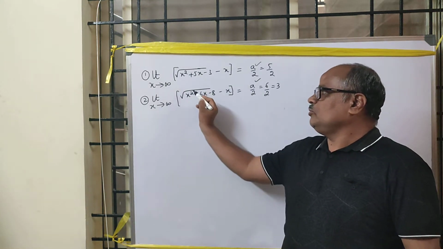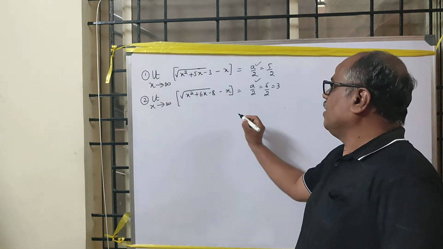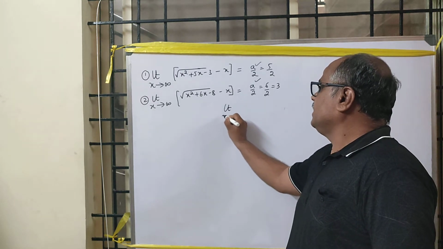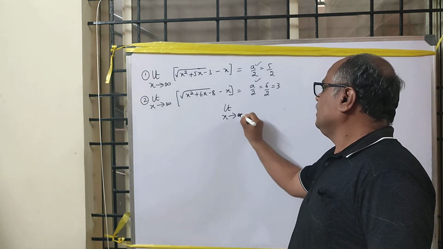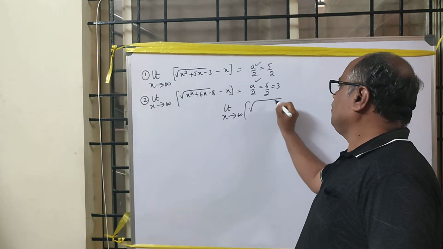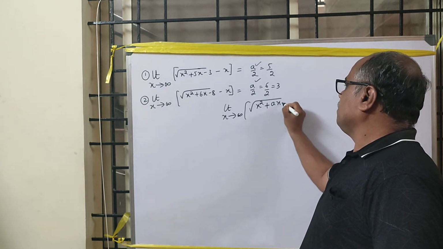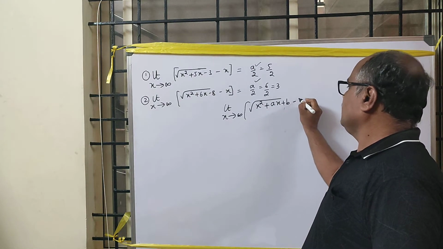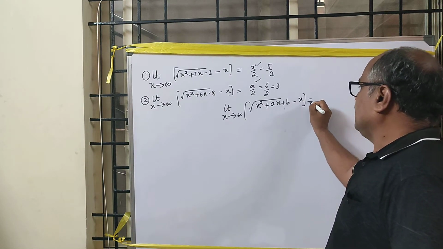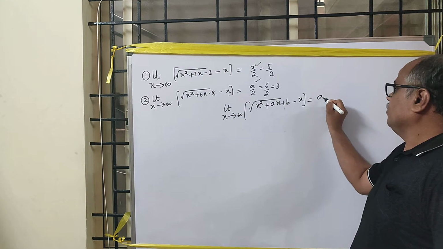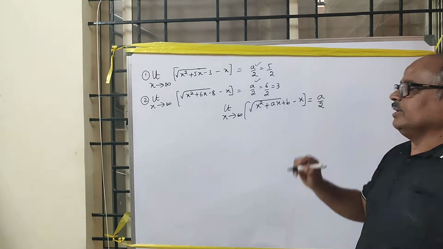Actually, these two problems are in the form of limit x tends to infinity, square root of x square plus ax plus b minus x. That one says a by 2.